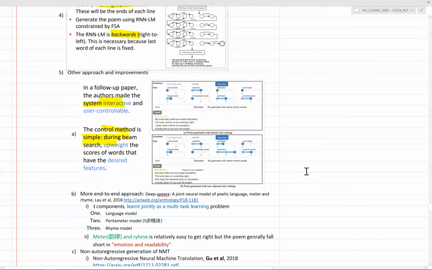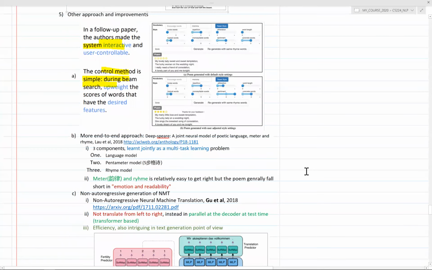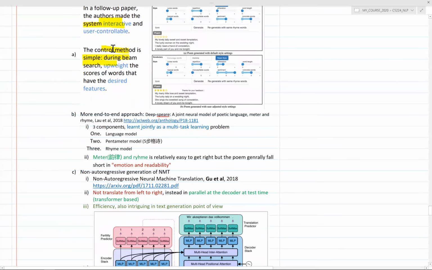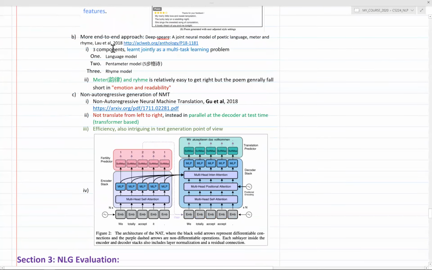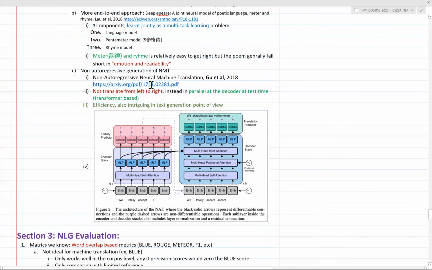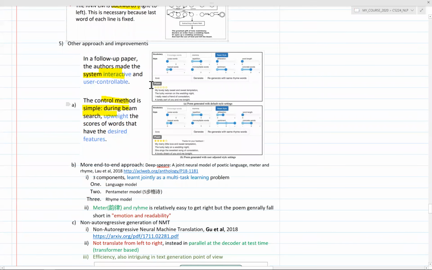So there are three improvements to this poetry generation task. The first one is what was also mentioned in this paper, because they were making the system interactive and user controllable.